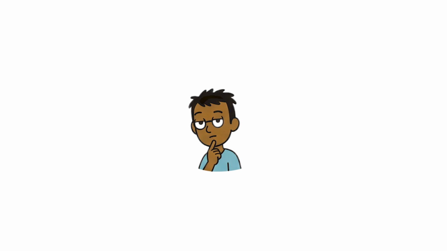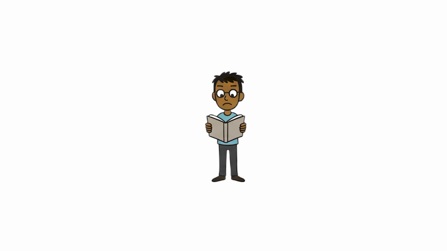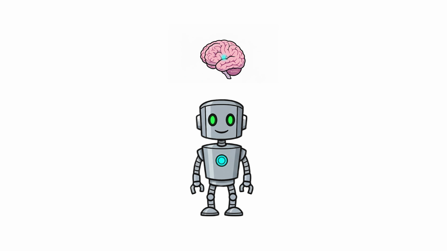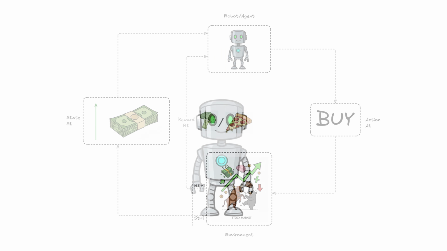So, again, let's go back and understand a bit of math behind it. Truth be told, reinforcement learning is a big field which will take its own video to completely grasp. But let me help you with the simple overall idea. The robot has a policy. It is like its brain, which takes in the current state and decides on an action to take. S is the state, like market going up.